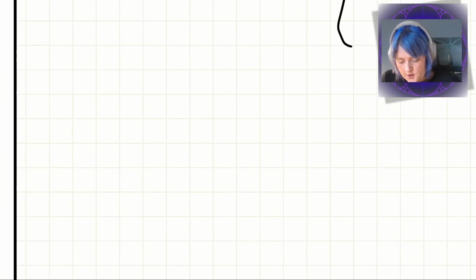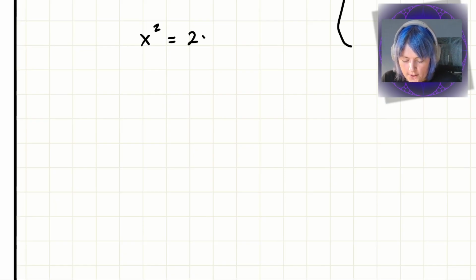What you should do is just find where the functions intersect. So you have x squared equal to 2x, subtract 2x from both sides, you have x squared minus 2x.